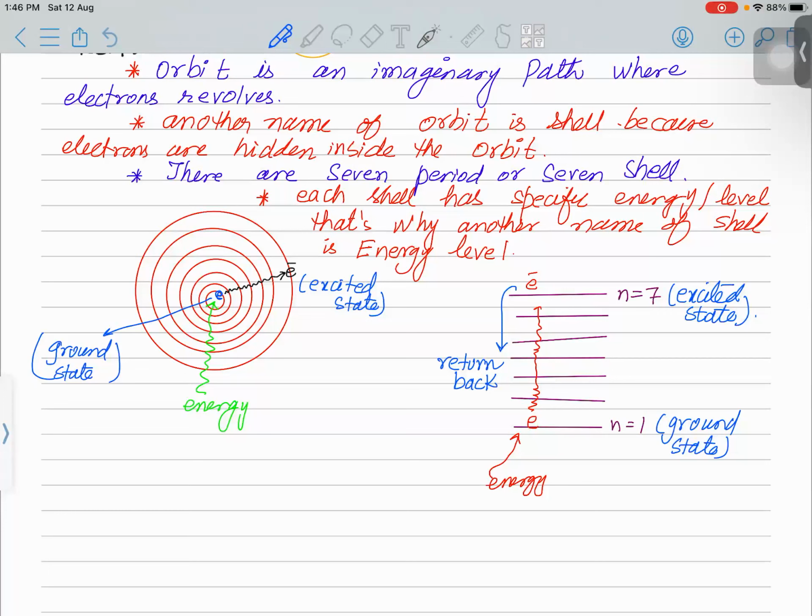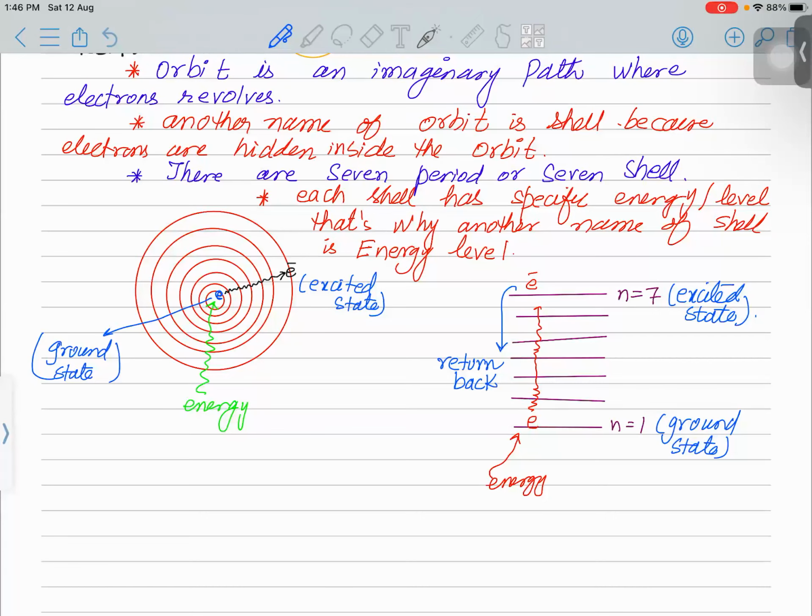You know that this electron absorbs energy to become excited. So when it returns to its original position, where is the energy of the electron? It is emitted in the form of light.